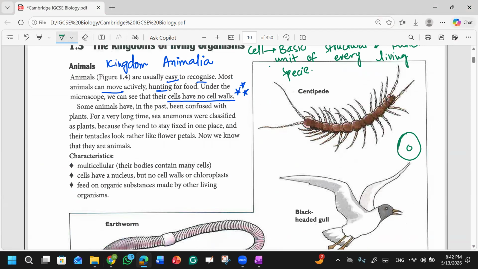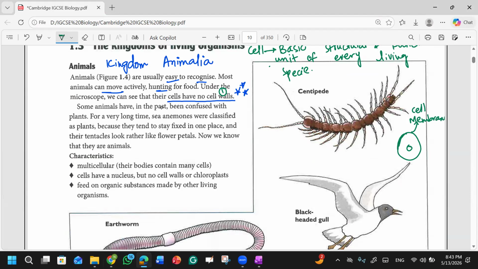And then we will discuss the reason why there is a cell wall in the plant cell. Clear? Over here, what was new? The new thing is that the animal cells don't have a cell wall. They just have the cell membrane.